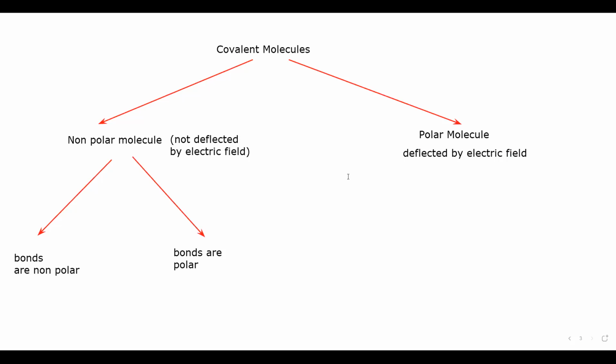If it's a non-polar molecule, then it might have two possibilities. The bonds will be non-polar and the molecule itself will be non-polar, or it might have polar bonds but be a non-polar molecule. So how can we work out examples? The first example, a non-polar molecule with non-polar bonds.